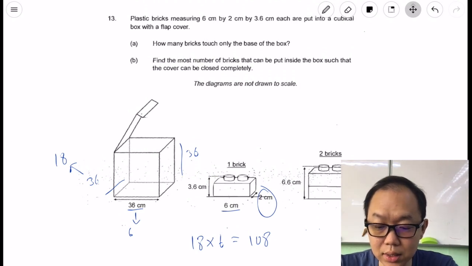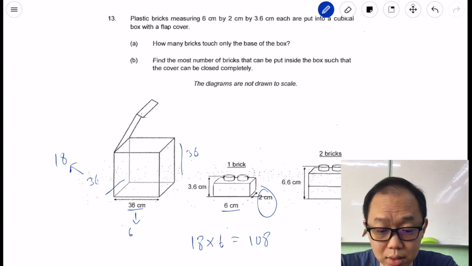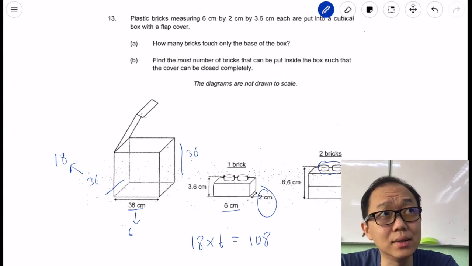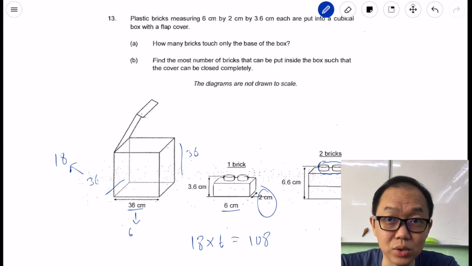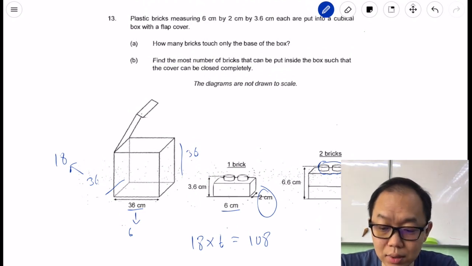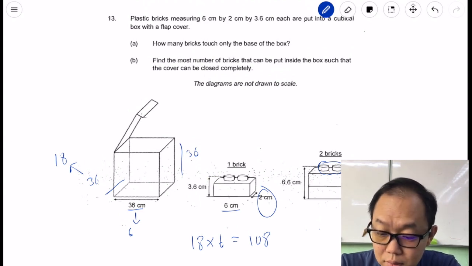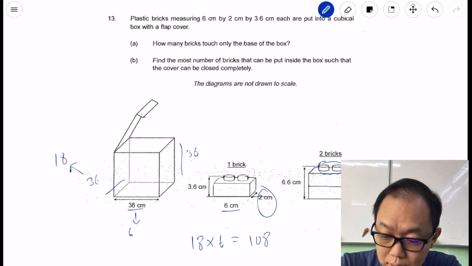Next, find the most number of bricks that can be put inside the box such that the cover can be closed completely. We're trying to put these bricks inside, and we note that the top will always have 2 protrusions. The first thing we need to find is the height of each protrusion. If I put 2 of them like this, I get 7.2 centimeters.